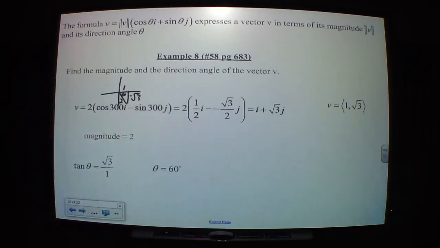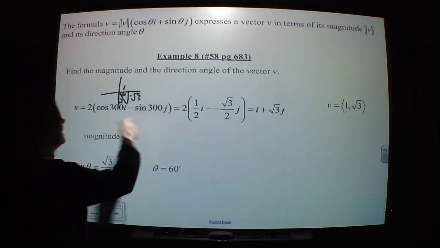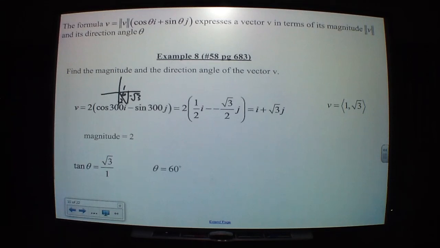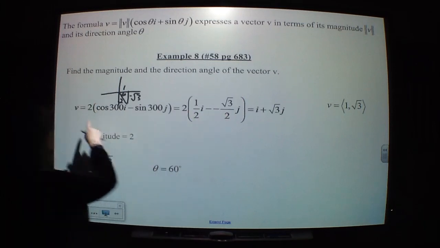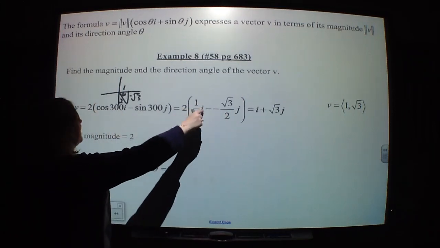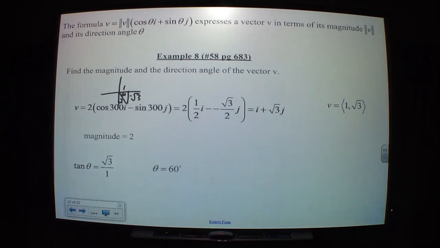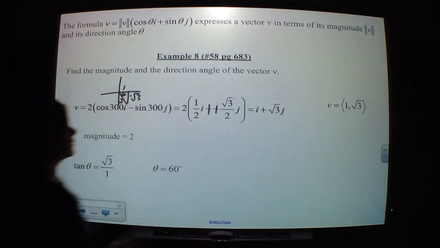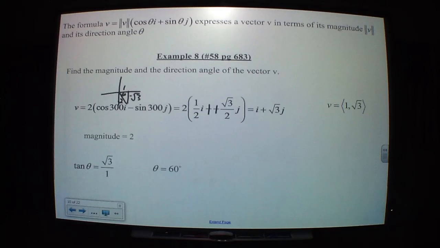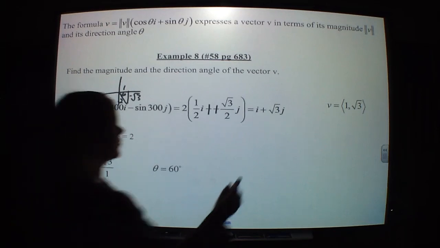So that's what your triangle looks like. Cosine of 300 would be 1/2. That's what I have here. Sine of 300 is negative radical 3 over 2. And that's what I have here. So I have 2 times 1/2 i minus a negative radical 3 over 2 j. Minus negative becomes plus, and distribute the 2. So you just have i plus radical 3 j, which is this vector right here.